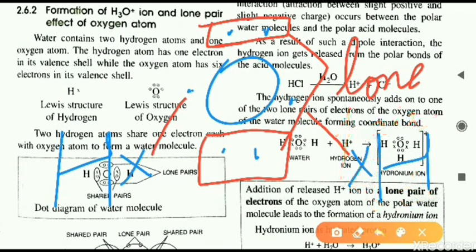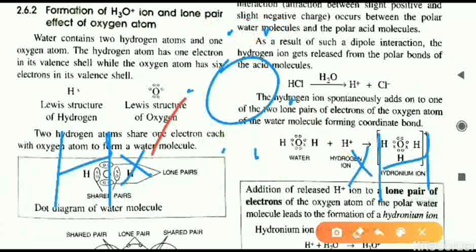These lone pairs will provide electrons for the coordinate bond. In the definition of coordinate bond, we have seen that sharing of electrons is there, but the electron pair is given by a single atom. So here the oxygen atom, which has these lone pairs of electrons, will share them with another atom to form the coordinate bond.